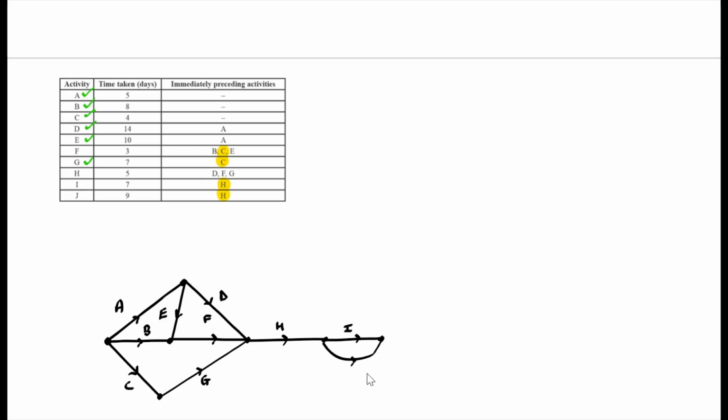We can't have this situation going on, because that contradicts the rules for dummies, in that we can have at most only one activity between two events. So instead, if we get rid of these, if we have J over here, then we can have a dummy in between these two, like so.